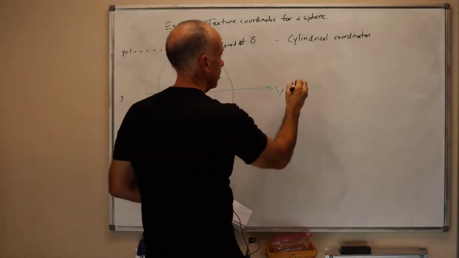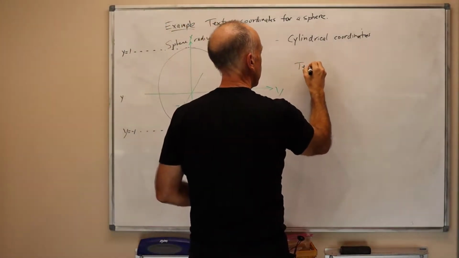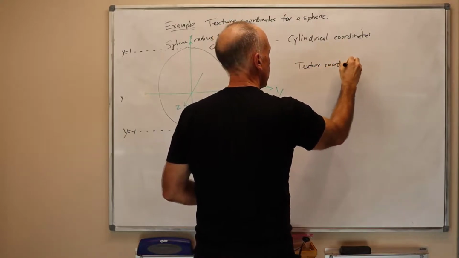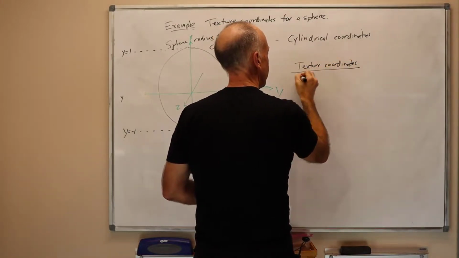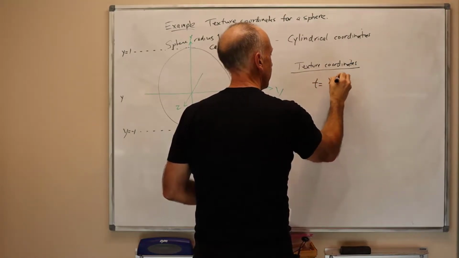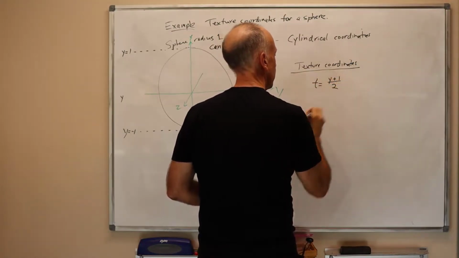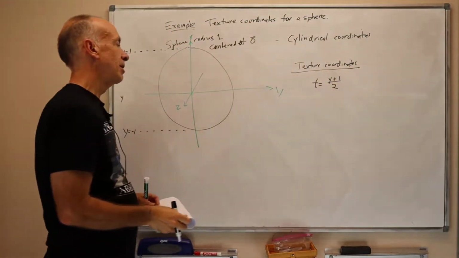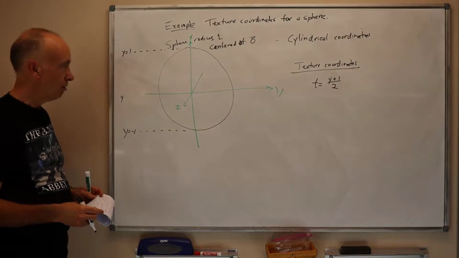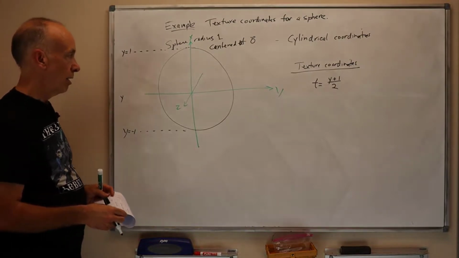So our texture coordinates, we'll start off, the easy one is T will be (Y plus 1) over 2. Since Y ranges from -1 to 1, T will range from 0 to 1.